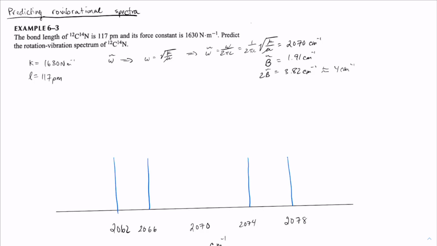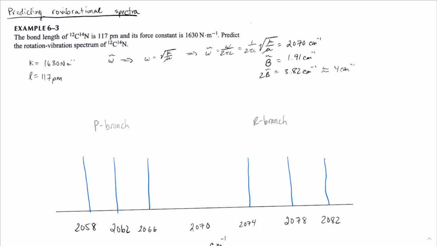And so on. You'd have another line with basically the same spacing going to the right and to the left of this. And these extra lines would be at 2082 approximately and 2058 approximately. So the peaks to the right, again, these are what's known as the R branch, and the peaks to the left of omega, these are called the P branch.